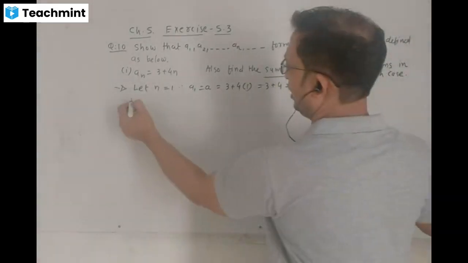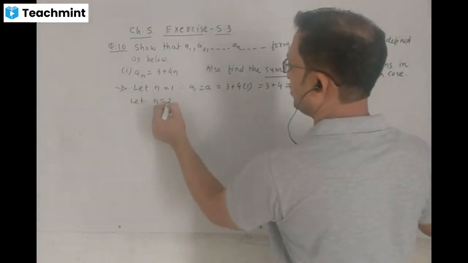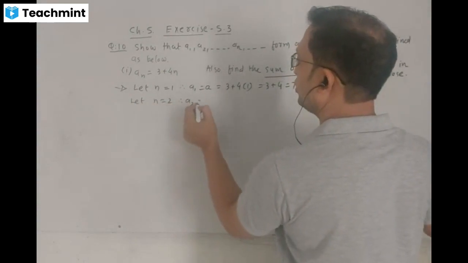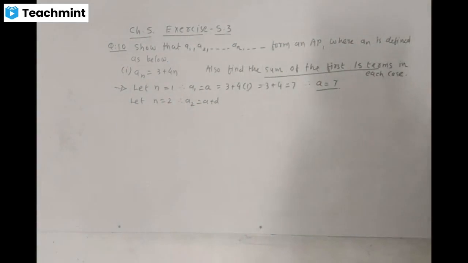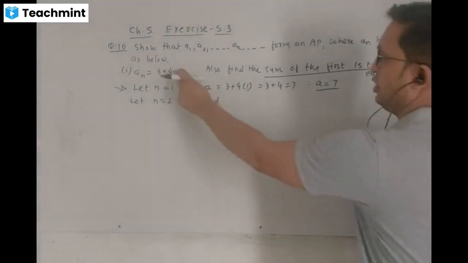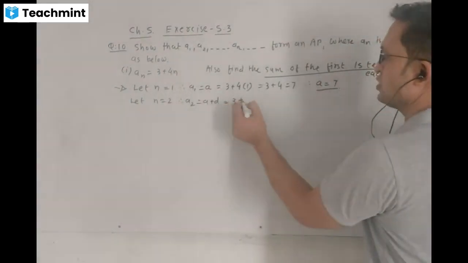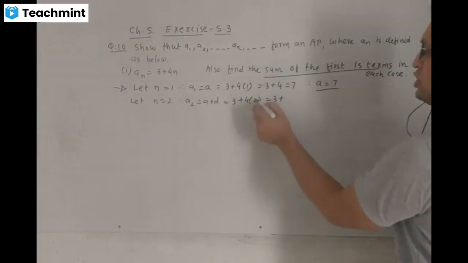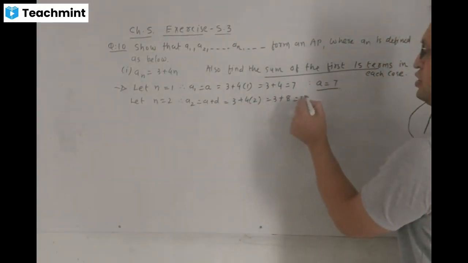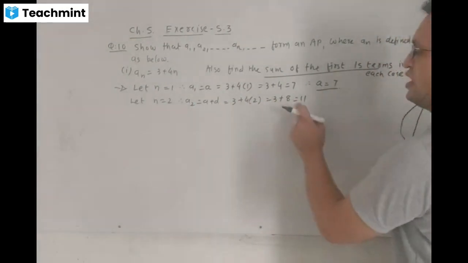Second, let n is equal to 2. Therefore A2 is equal to a plus d. That is 3 plus 4 into 2. 4 twos are 8, 3 plus 8 is 11. Therefore, the second term is 11.